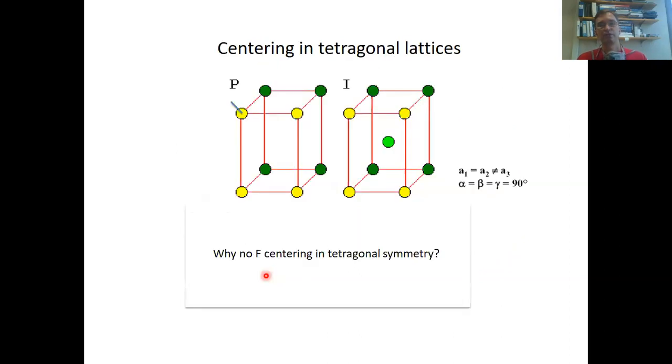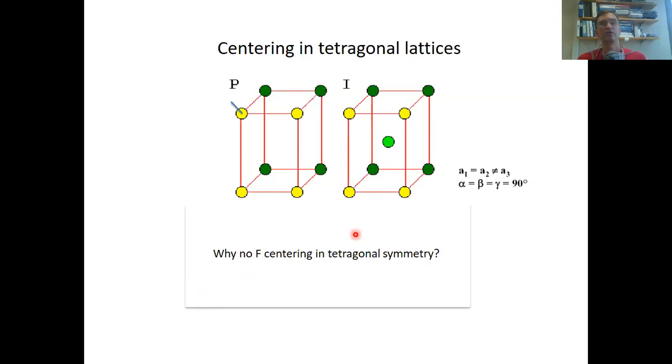All right. So now let's go from the cubic crystal system to the tetragonal crystal system. So what possibilities do we have here? Now in this case, we can either have a primitive cell, or we can have a body-centered cell, an I cell. We cannot have an F-centered cell. Why not?